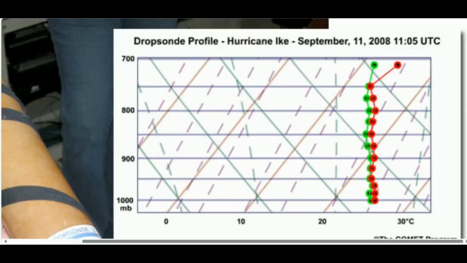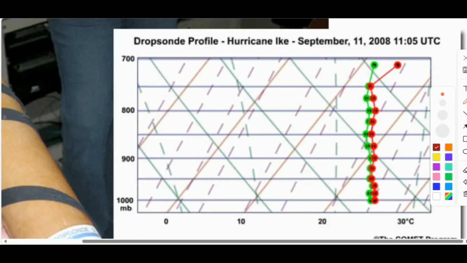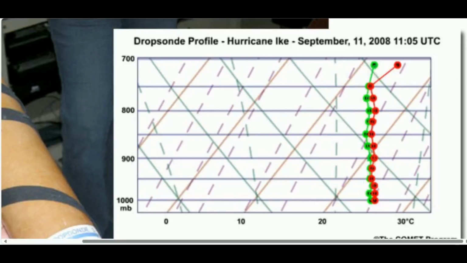The red temperature line here, and you can see the dew point line as well in green. Where they're closer together, of course, that's where you have more saturated air. And so this can tell us kind of what's going on inside the hurricane.